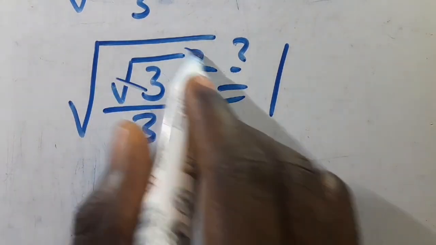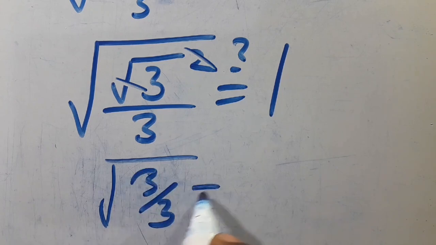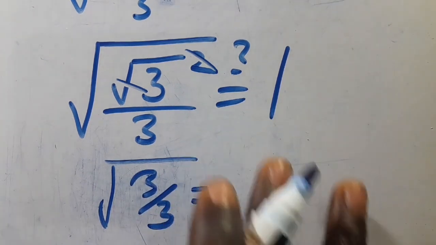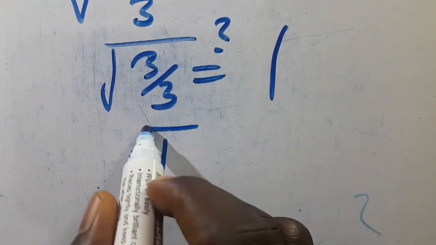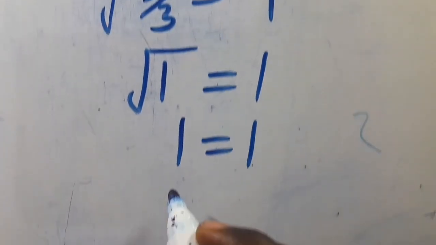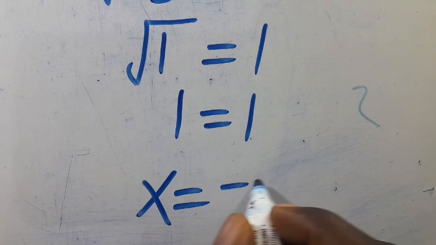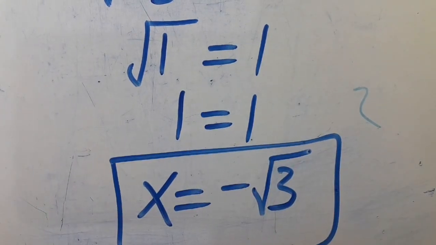The square and root cancel, we have 3 divided by 3 left, which is 1. Root 1 will be 1, equals 1. So x equals minus root 3 also satisfies the problem given to us.